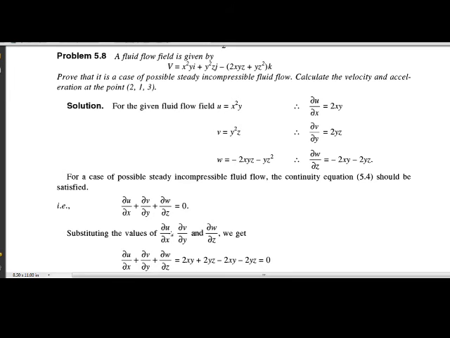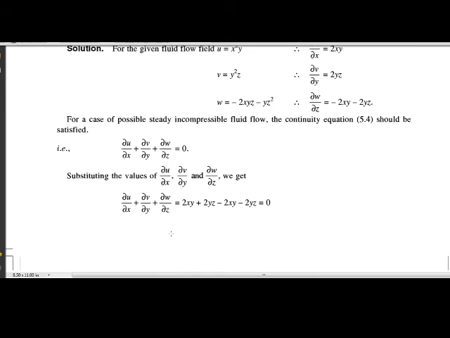Let us see what will happen. Here ∂u/∂x is equal to 2xy, ∂v/∂y is equal to 2yz, plus ∂w/∂z is equal to −2xy − 2yz, which is equal to 0.